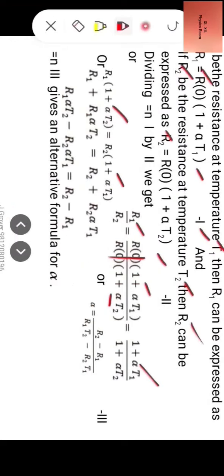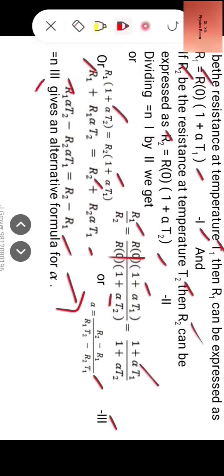On opening the bracket we get R1 plus R1 alpha T2 is equal to R2 plus R2 alpha T1, or R1 alpha T2 minus R2 alpha T1 is equal to R2 minus R1. Finally, we have alpha is equal to R2 minus R1 divided by R1 T2 minus R2 T1. Let us mark it as equation 3.